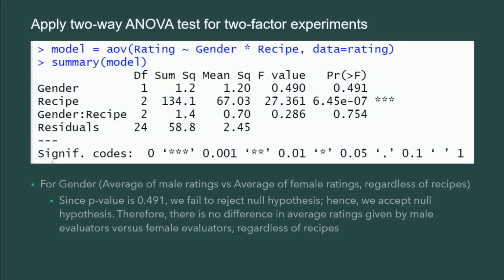Firstly, for gender, with the null hypothesis as there is no difference in average ratings given by male evaluators versus female evaluators, regardless of recipes. The p-value is 0.491 and we fail to reject the null hypothesis. Hence, we accept the null hypothesis. Therefore, there is no difference in average ratings given by male evaluators versus female evaluators, regardless of recipes.